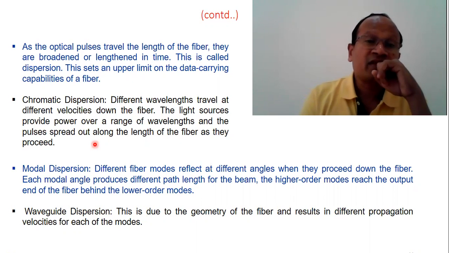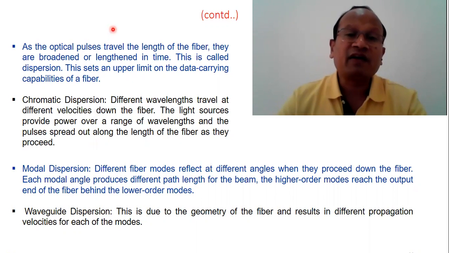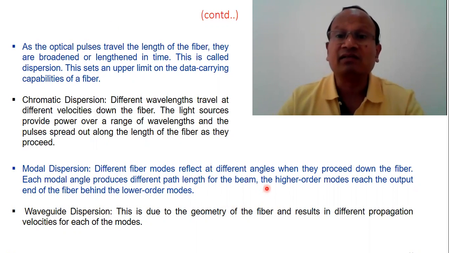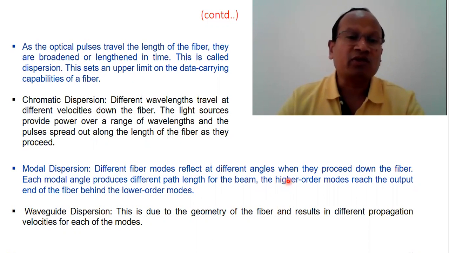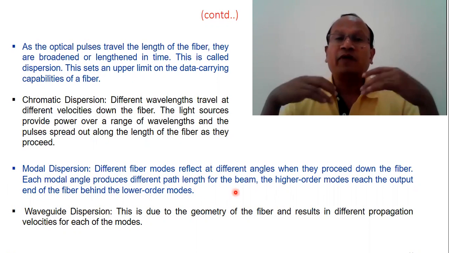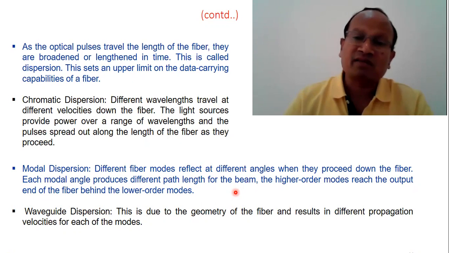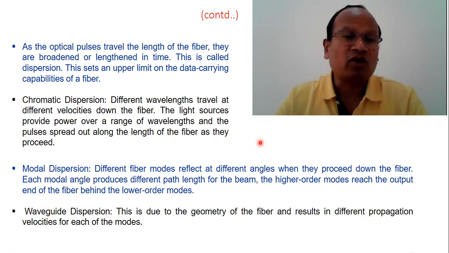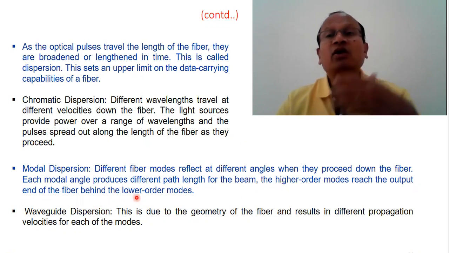Chromatic dispersion. Modal dispersion: different modes reflect at different angles as they proceed down the fiber. Each modal angle produces a different path for the beam. When they move at different angles, they will have different paths. Higher order modes reach the output end of the fiber behind the lower order modes.